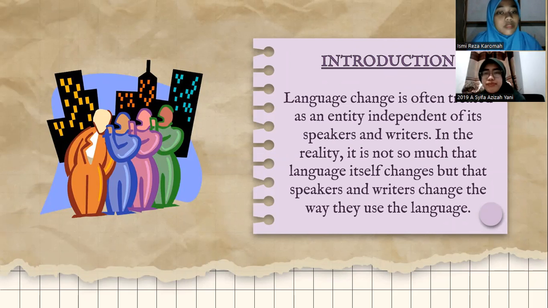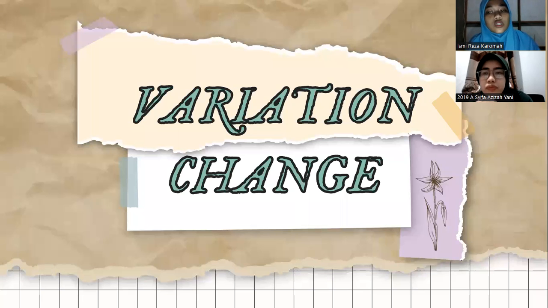Speakers innovate sometimes spontaneously, but more often by imitating speakers from other communities. If their innovations are adopted by others and diffused through their local community and beyond into other communities, then linguistic change is the result. Next we are going to talk about variation change.